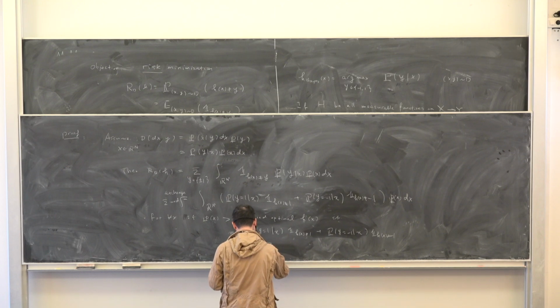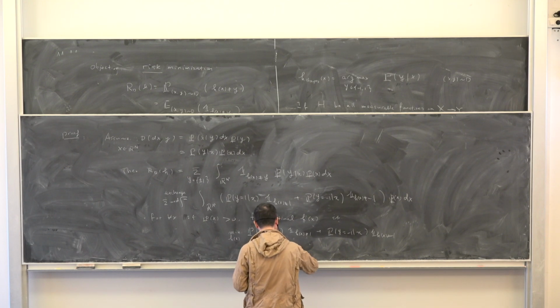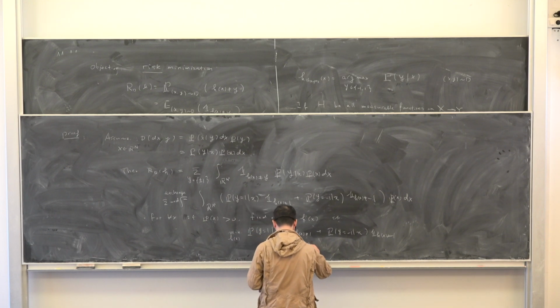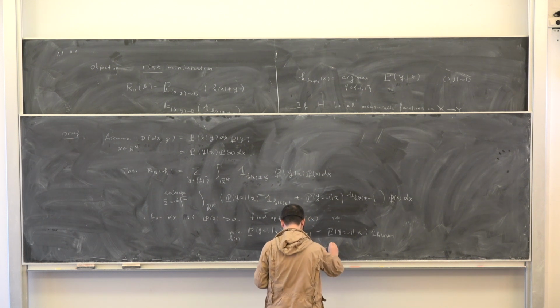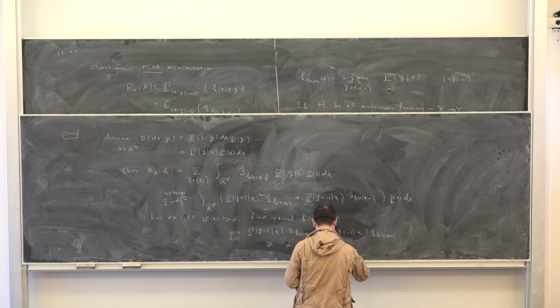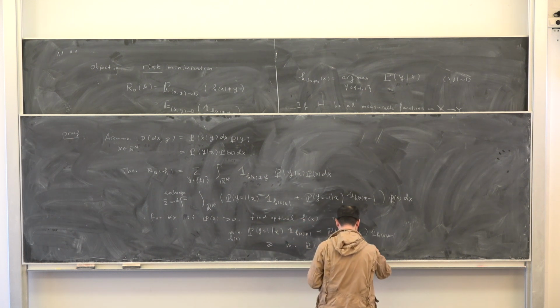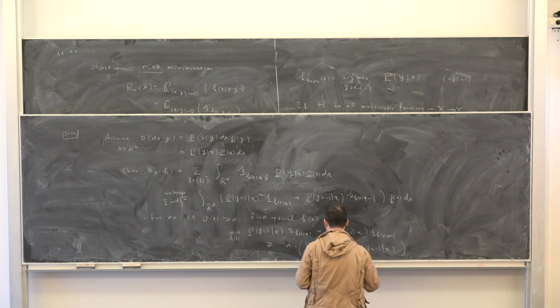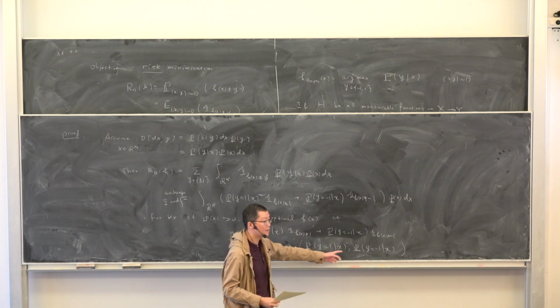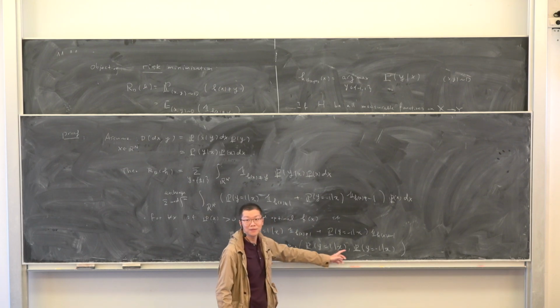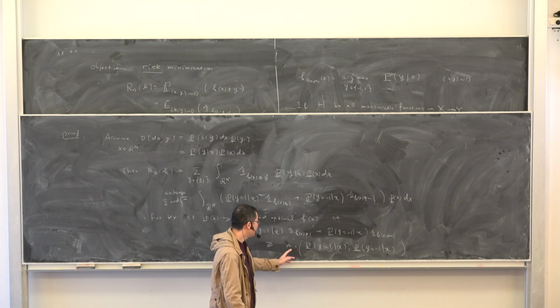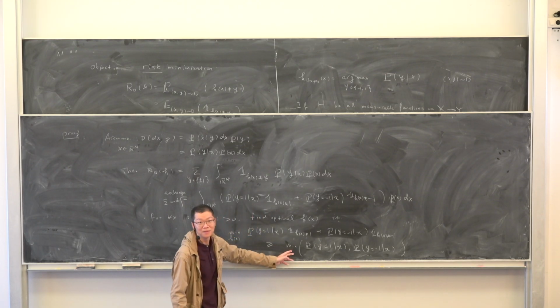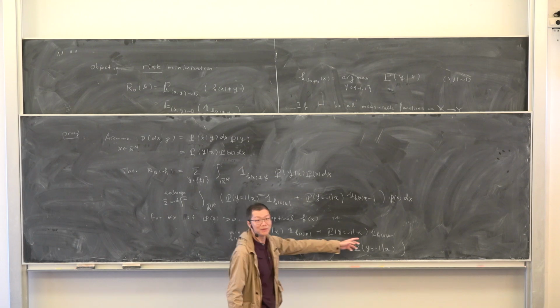And this is larger than this minimum probability. So you have two probabilities, y equals 1 or y equals minus 1 given x. This sum is not going to be larger than the minimum, because one will be 0.